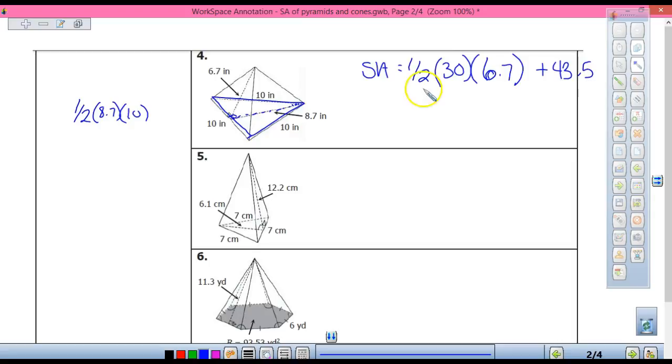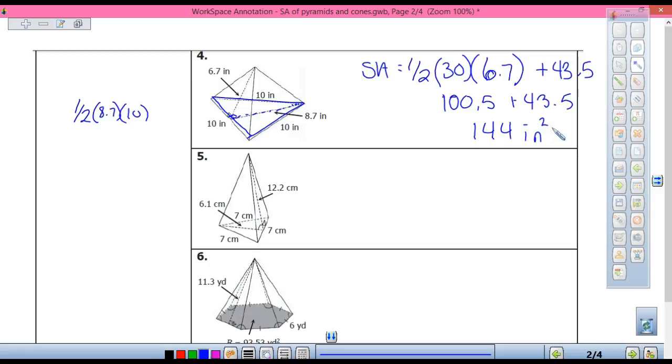So 1/2 times 30 times 6.7 is 100.5. Plus 43.5 gives me 144 inches squared.